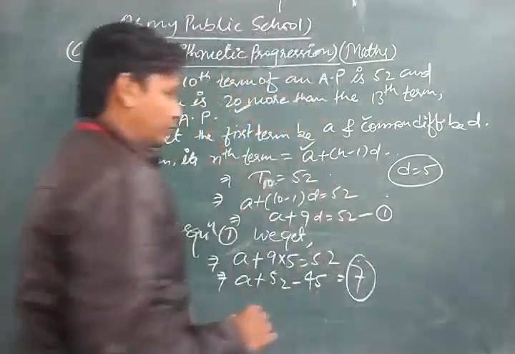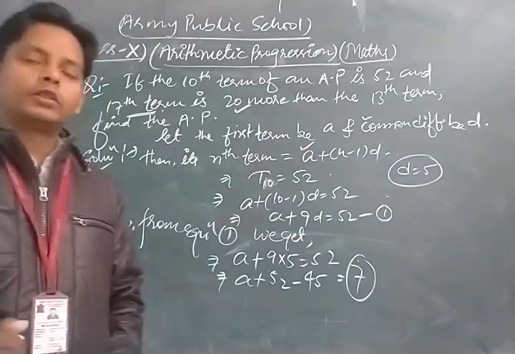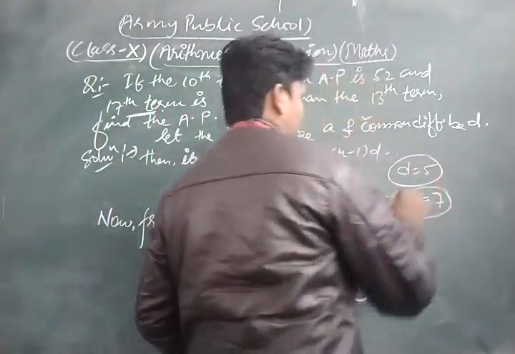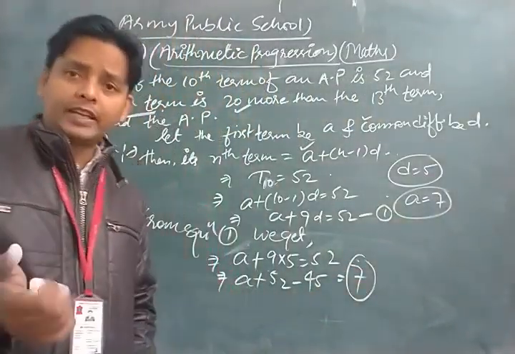So this is the value of A. In this way, we first find the value of D is 5 and the value of A is 7. Now we find the AP. Now let's see.